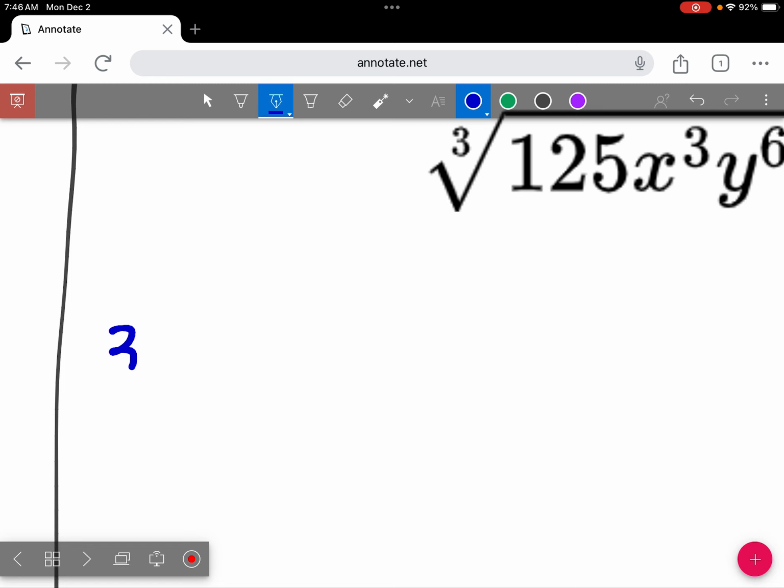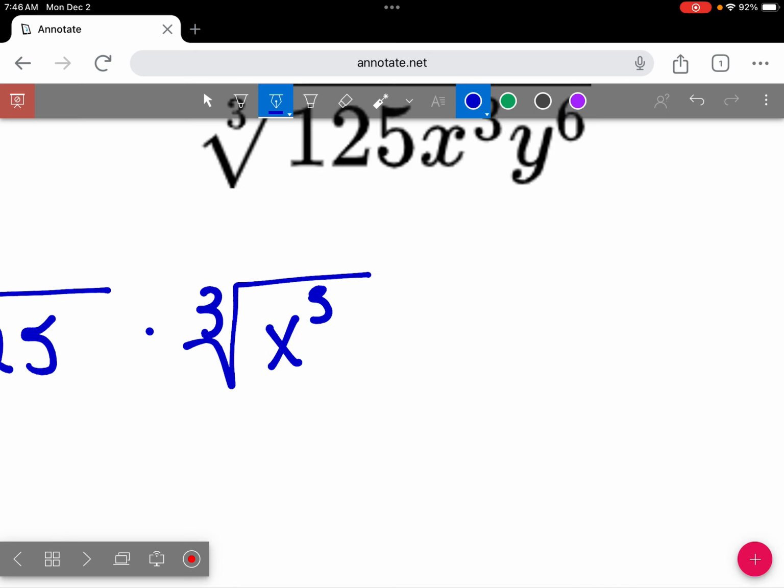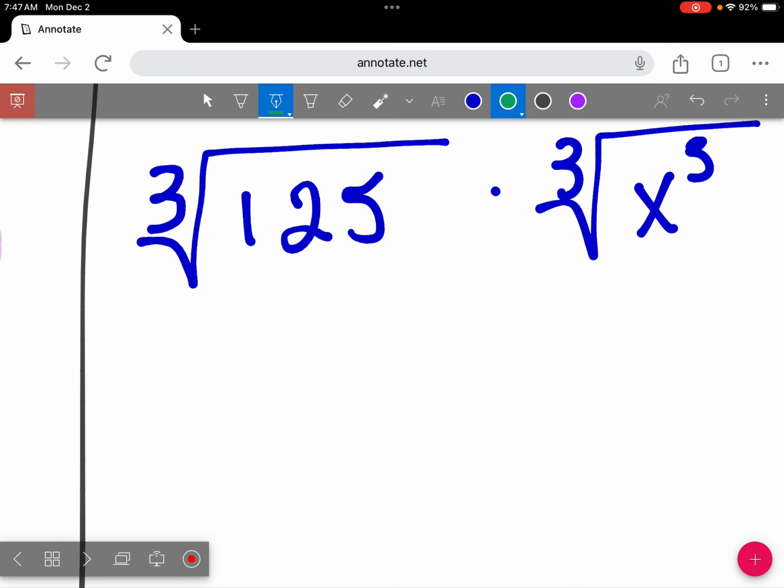So I'm going to have my cube root of 125 and my cube root of x cubed and my cube root of y to the 6th. And then we're just going to look at these individually.